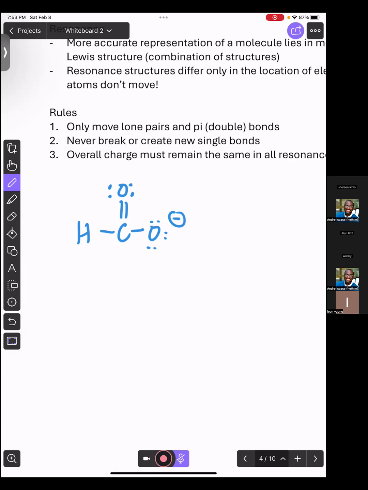Oxygen has a negative charge. So what can oxygen do if it wants to move electrons through this molecule? Oxygen could share those electrons with its neighbor, the neighboring atom, which is a carbon. Everybody's in agreement? Let's also be clear about this process.